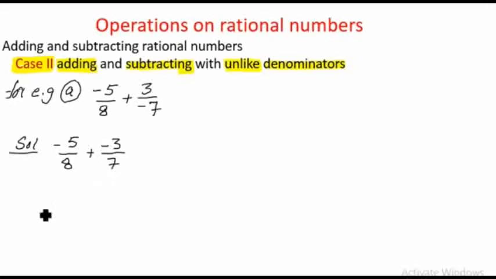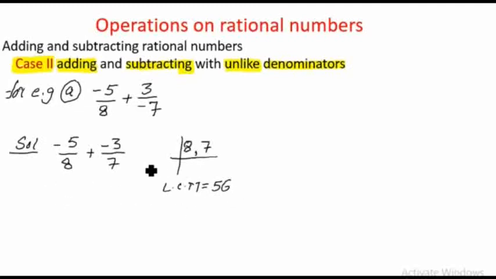So directly we can take out the LCM of 8 and 7. So LCM of 8 and 7, if we will take out, we will get 56. 56 you will get here.